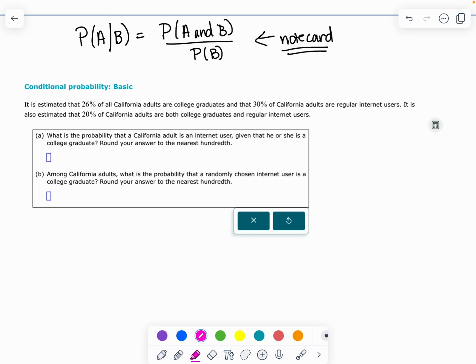So it is estimated that 26% of all California adults are college graduates. So we're going to put that down there. Grads, 26%. Let's see, what's the next thing? 30% of adults are regular internet users. Okay, so 30%, internet.